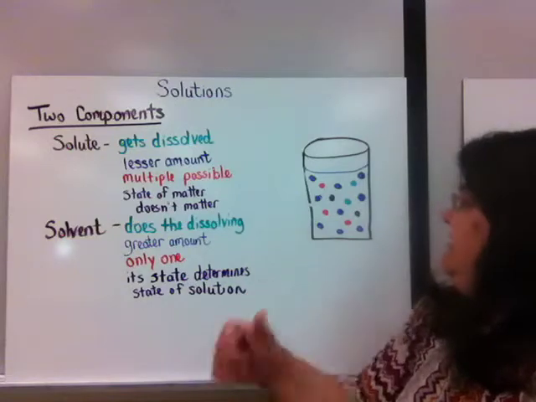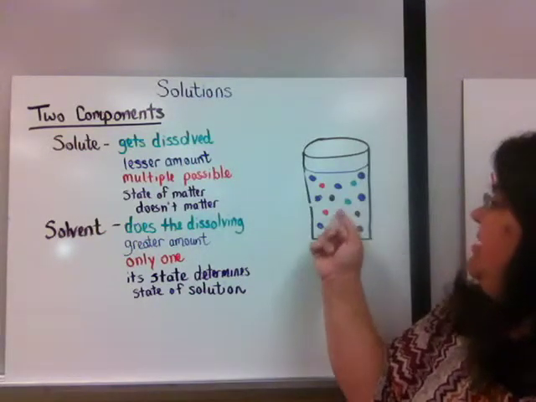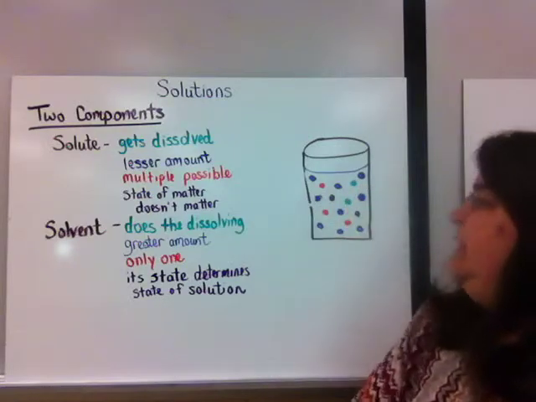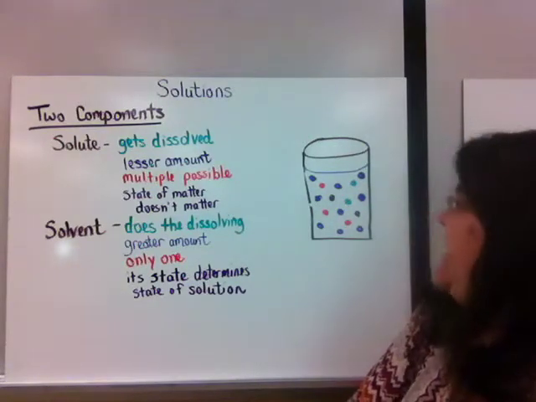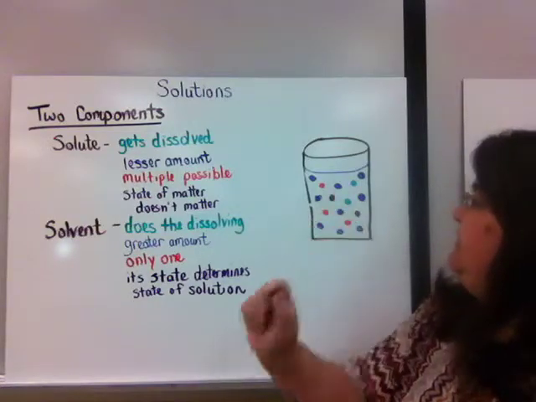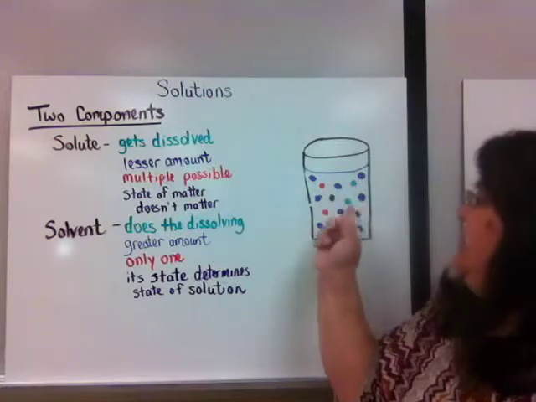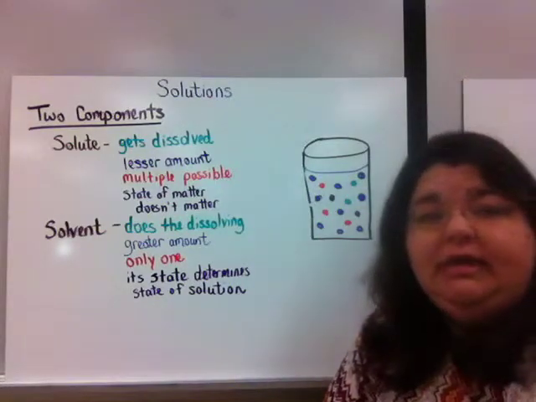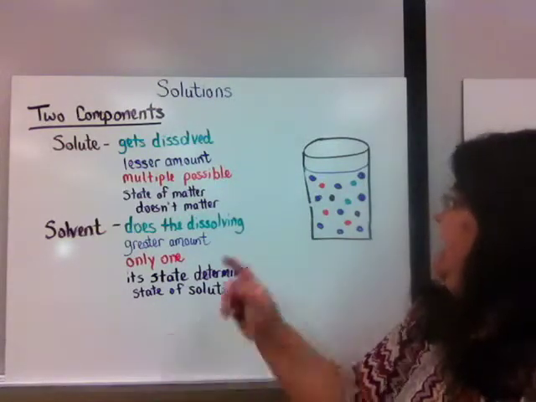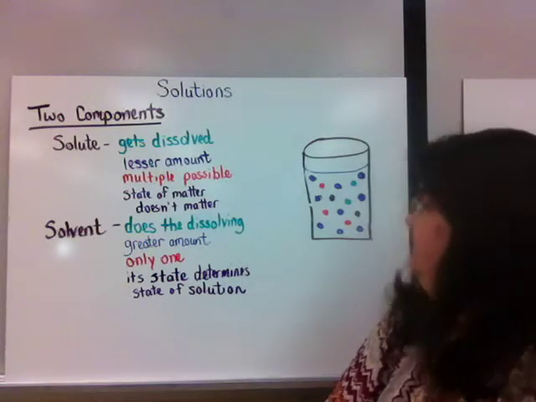So let's look over here in my little picture. These blue little dots represent water molecules in my cup. And I have a Coca-Cola here because the red molecules are my syrup, and the green molecules are the caramel, and the black dots are my caffeine.